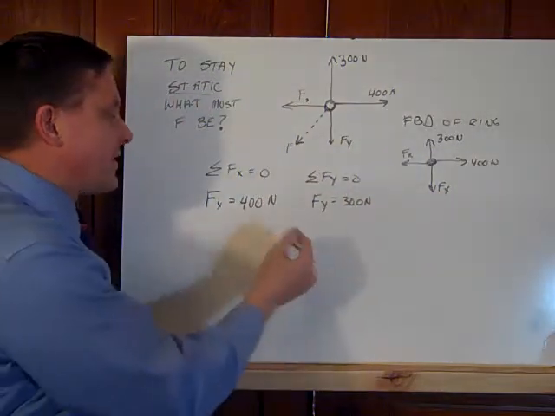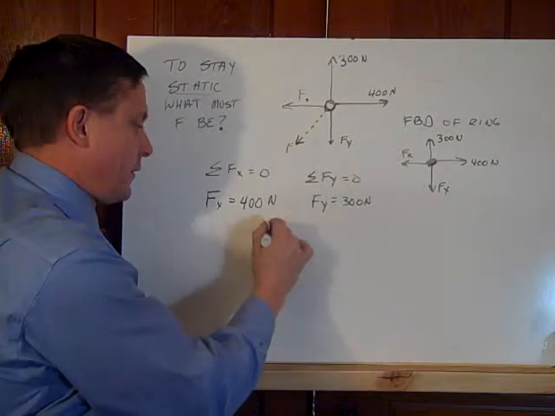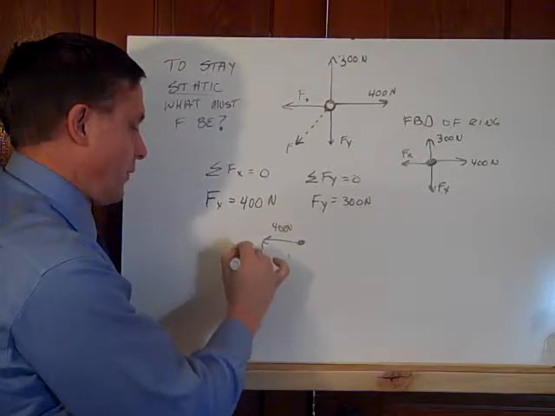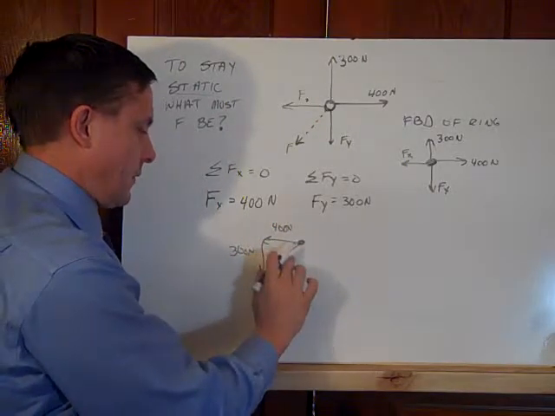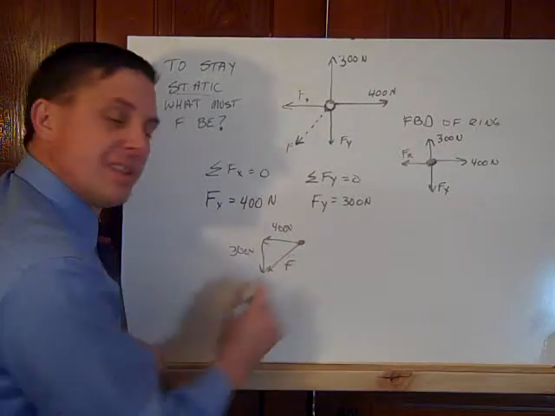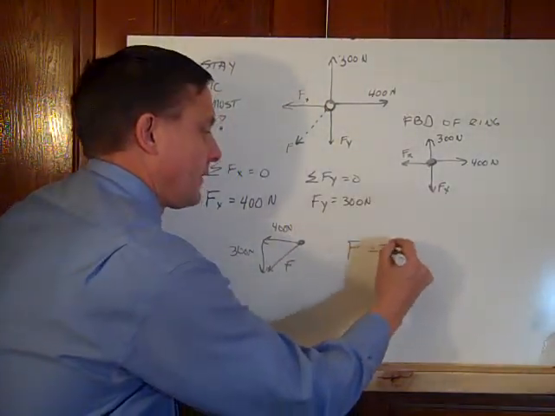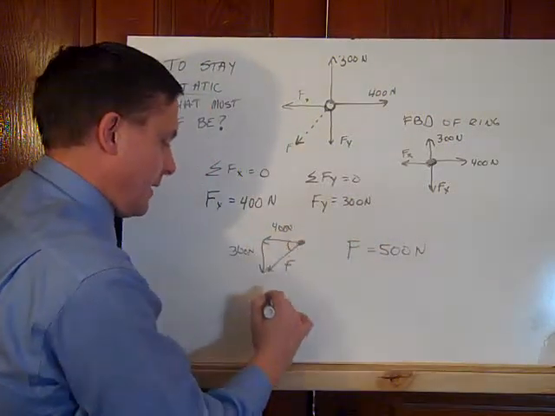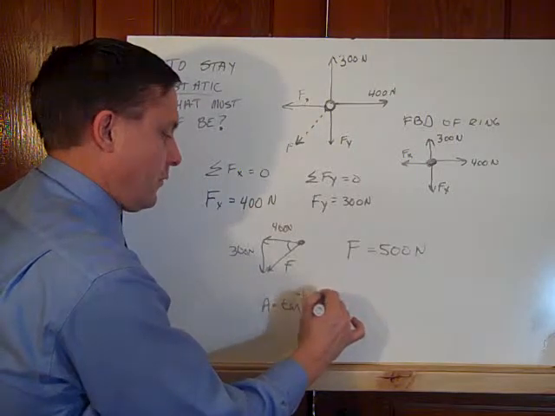Now, if I want to make this into a single force, we can redraw it. We got 400 newtons on this, and if we think in components, then we go 300 newtons, and I want to find force F. Well, Pythagorean theorem, or we see that this is a 3, 4, 5. This force F is 500 newtons. The angle here, if I call it A, is the inverse tangent of 300 newtons over 400 newtons.